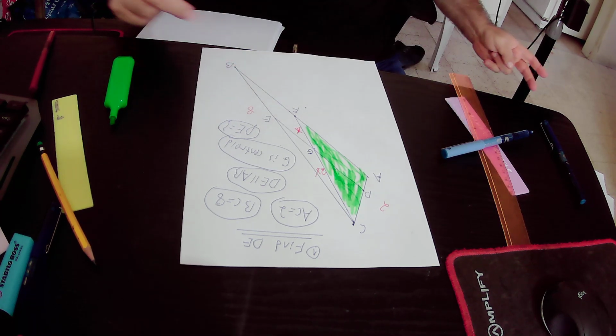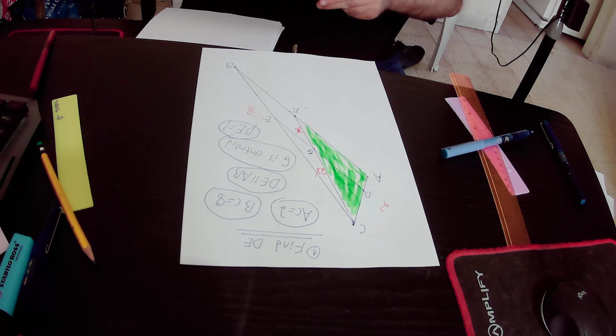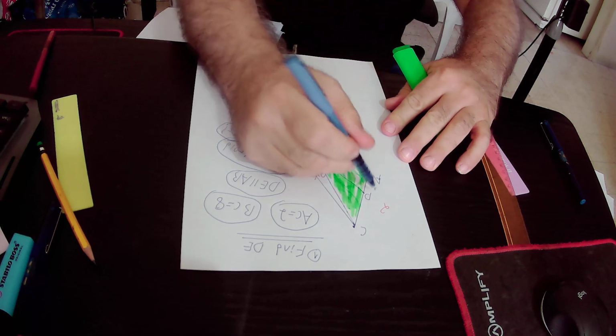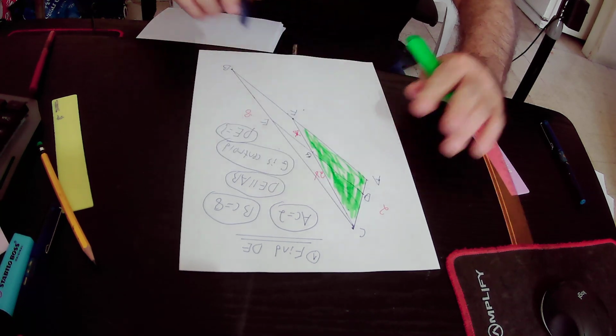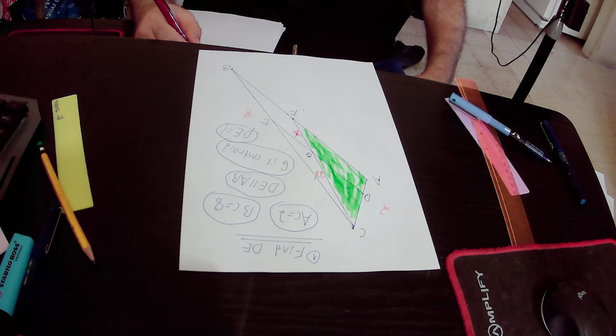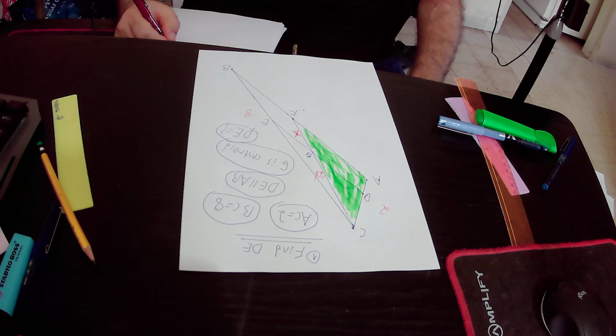Therefore, according to rule number 2, CD over DA will be equal to CG over GF.